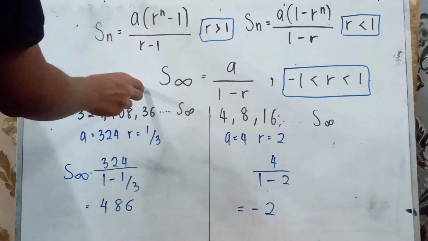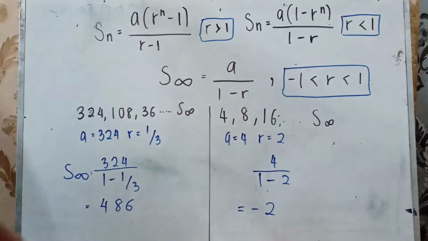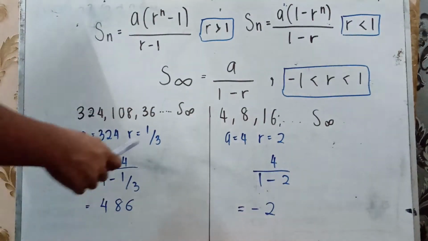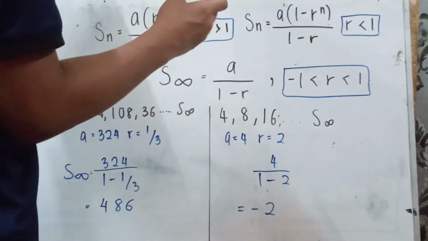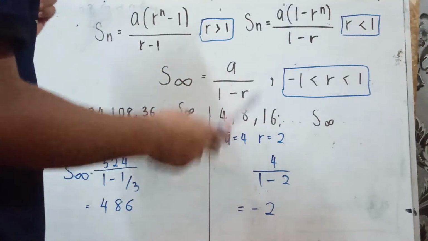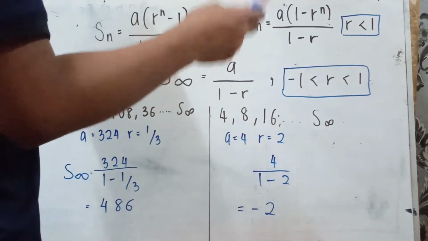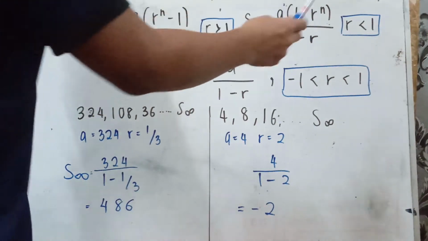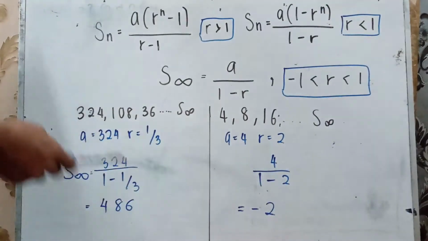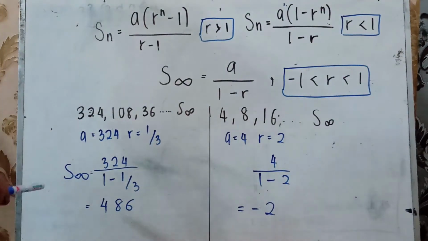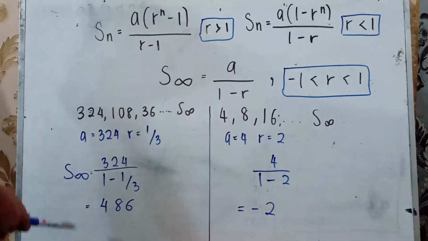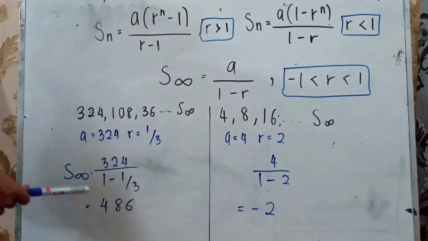Okay, next we need to look at the sum to infinity. There is a range that is important in the sum to infinity, which is negative 1 is less than R and R is less than 1. I have given you an example. If our R is less than 1, we can get the sum to infinity, which is 4 over 6.